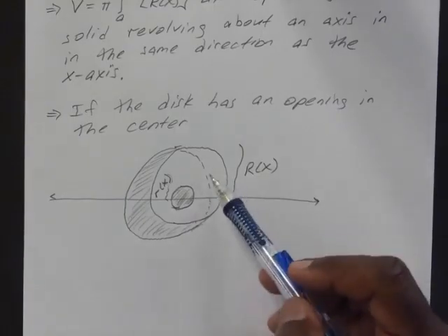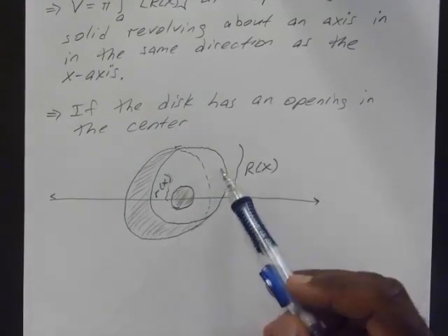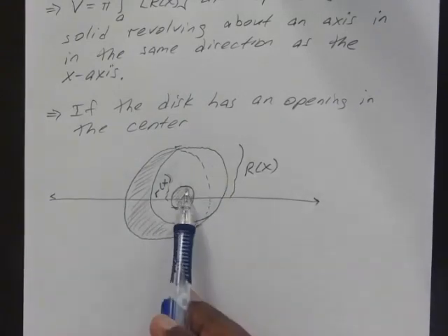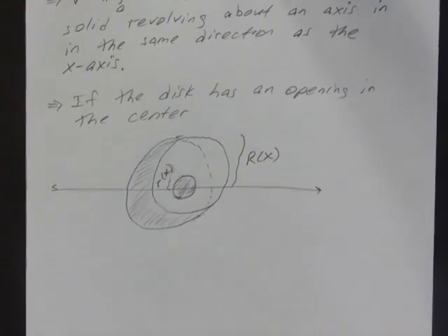So now we're just looking for the volume of the entire thing minus that hole in the middle.